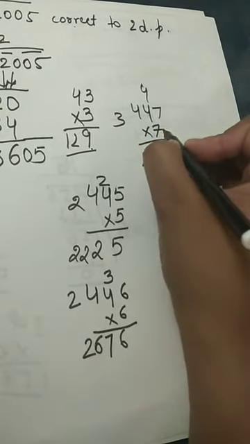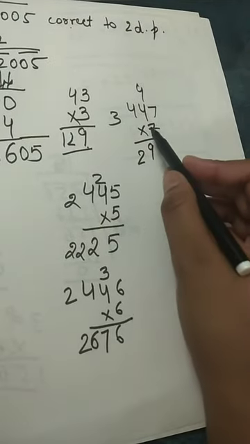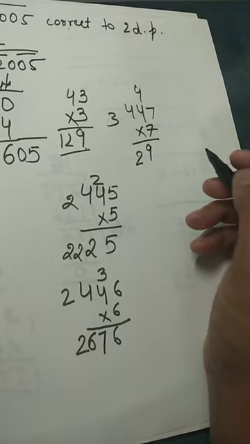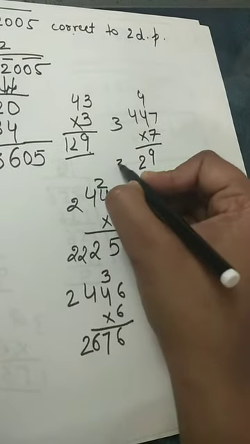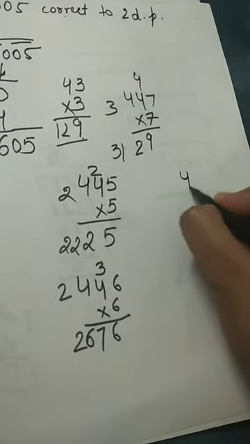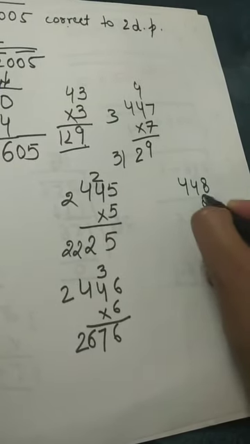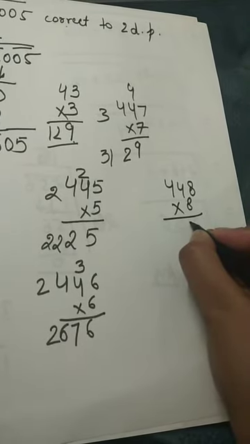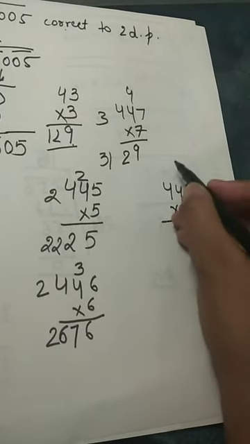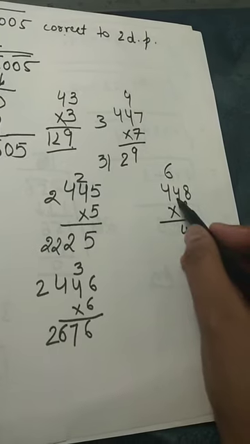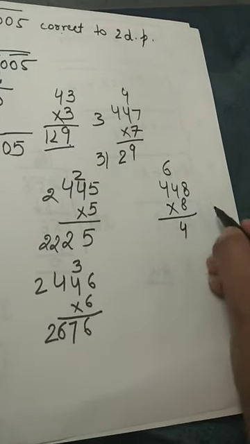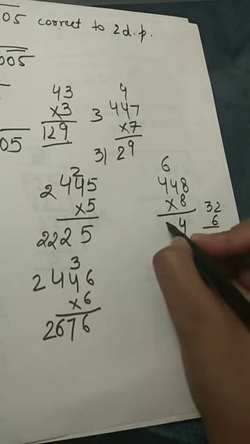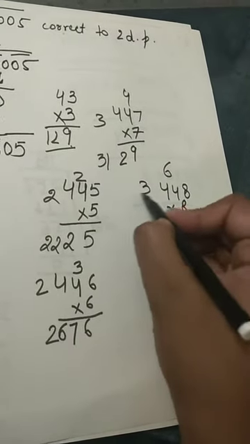Carry 3. 7 4s are 28. 28 and 3 is 31. Let's check by 8 also. 8 8s are 64. 4 carry 6. 8 4s are 32. 32 and 6 is 38.